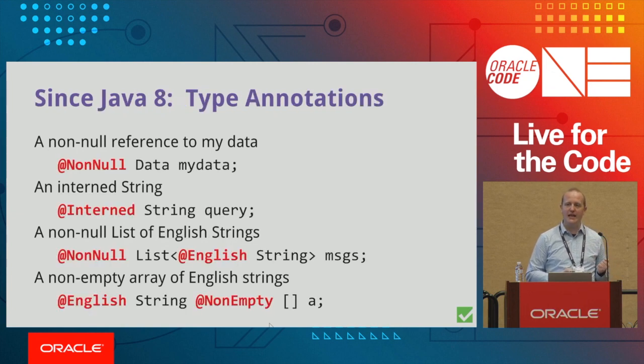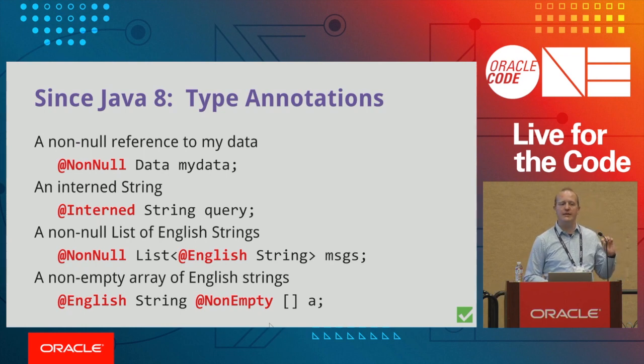So Java 8 added a mechanism called type use annotations that refined where annotations can be used in your software. So now you can write @Nullable Data, my data, or more interesting, a @Nullable List of @English Strings, or a @NonEmpty array of @English Strings.